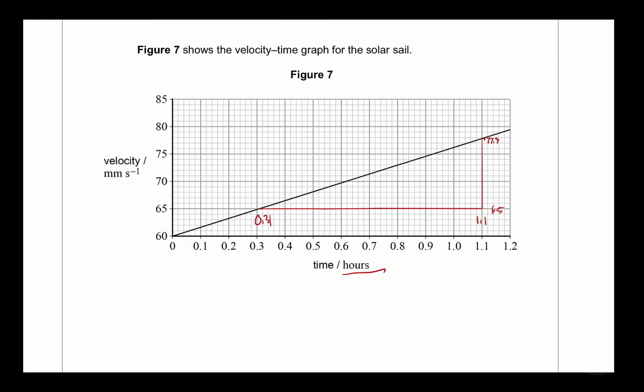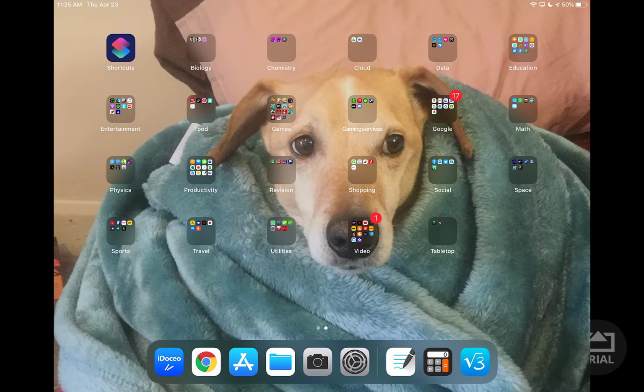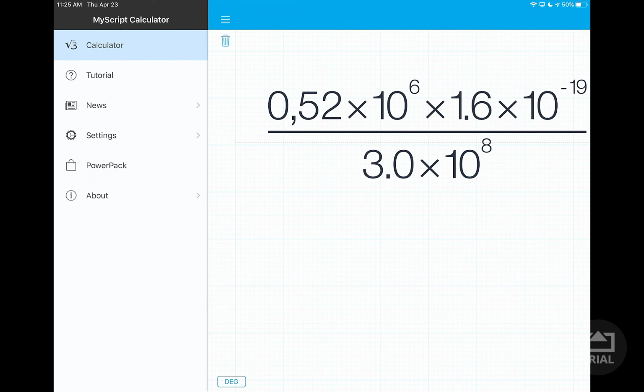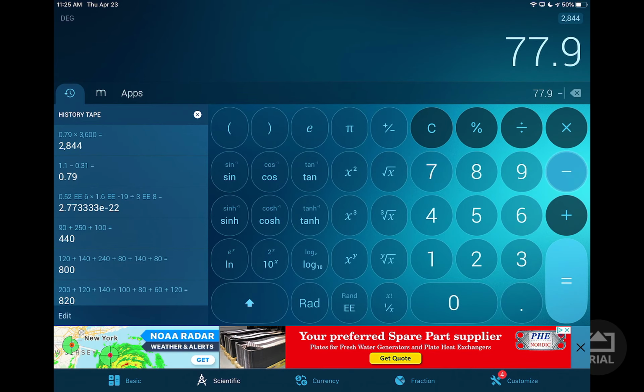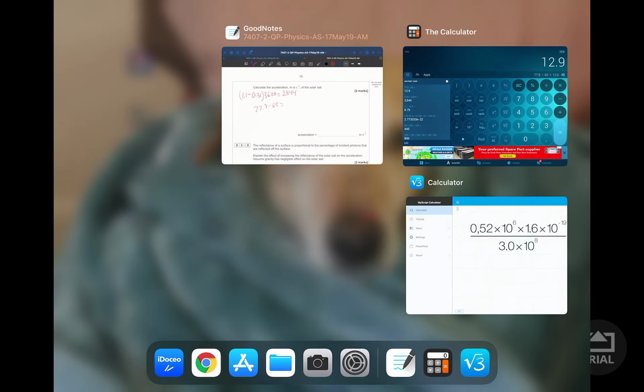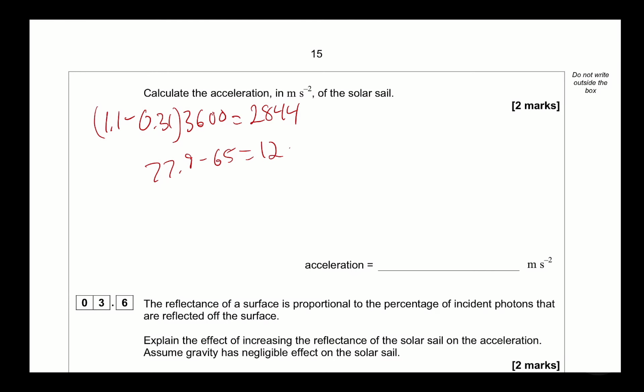Okay, change in y, 77.9 minus 65. I feel really bad that I just used a calculator for that. 12.9.